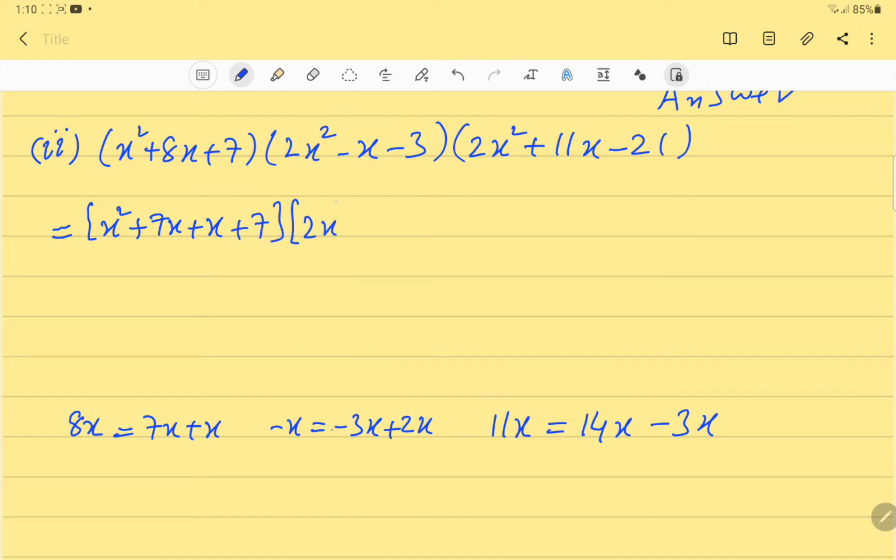Then in the second bracket, instead of minus x we will write minus 3x plus 2x. And in the third one, instead of 11x we will write 14x minus 3x.